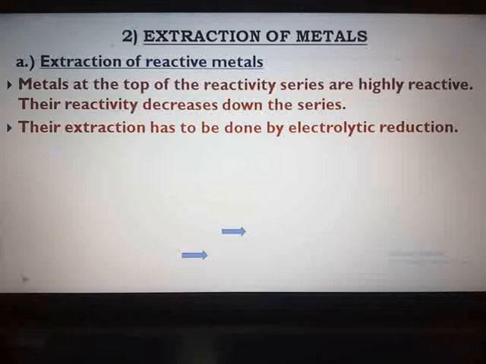About electrolysis, you studied last year in Section A, chapter 5, acids, bases and salts. Metals like sodium, calcium and magnesium are obtained by the electrolysis of their molten chloride salts.